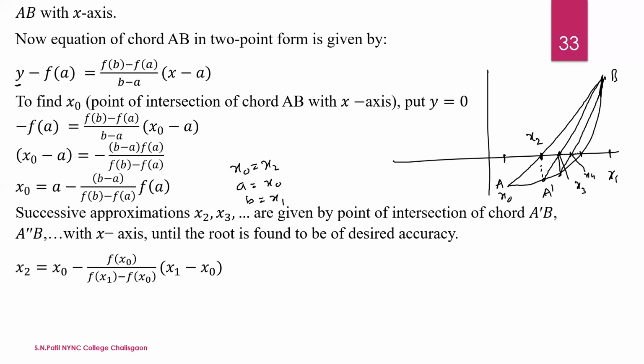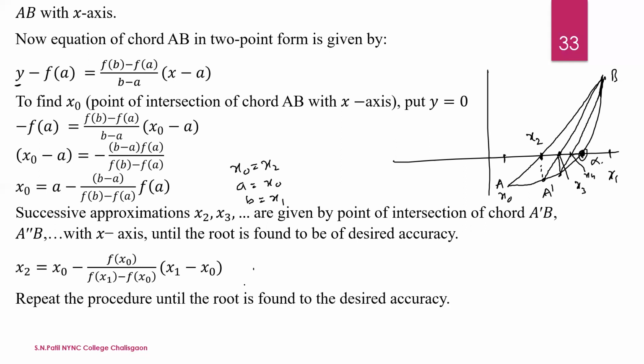In this way we tend to the accurate root, suppose alpha. This process is the regula falsi process to find the real roots. Now repeat this process until the root is found to the desired accuracy.